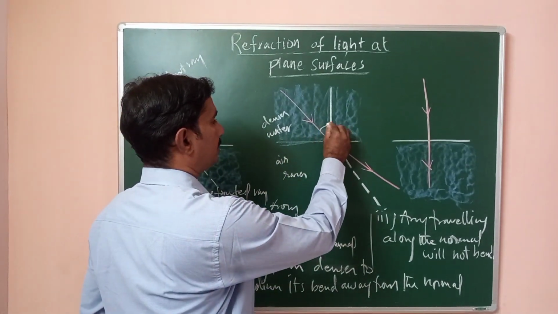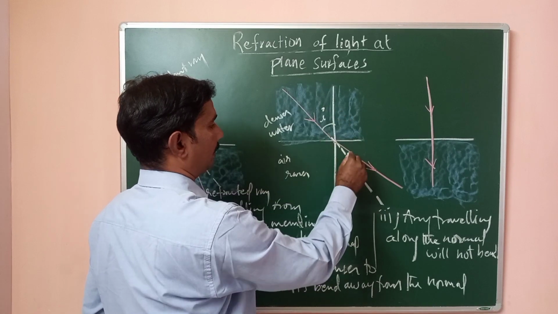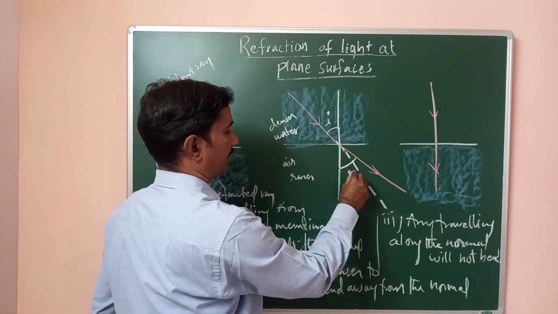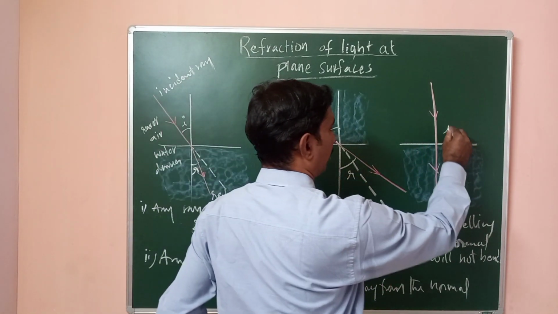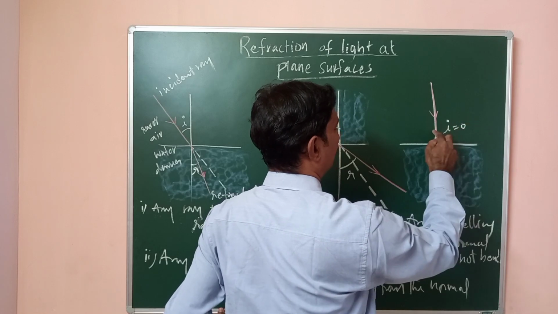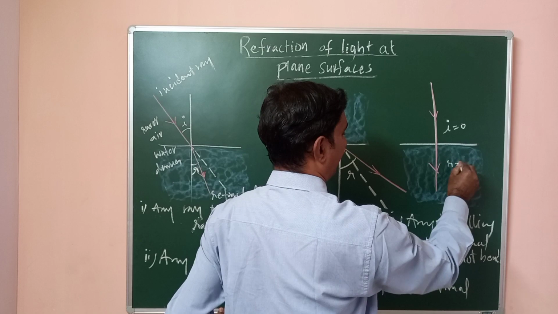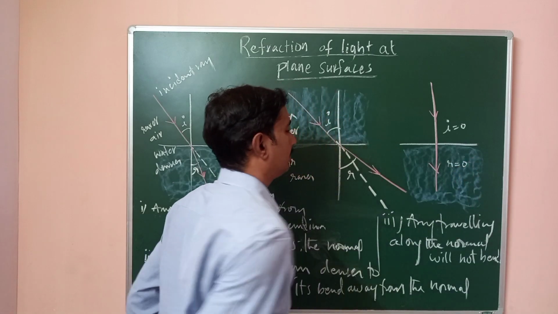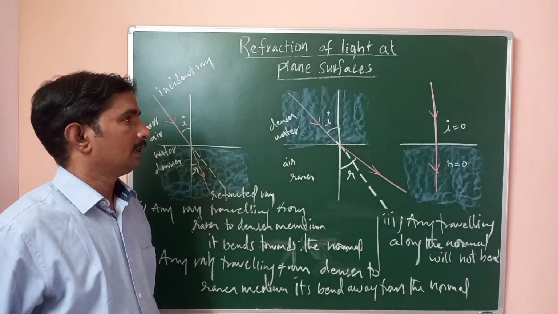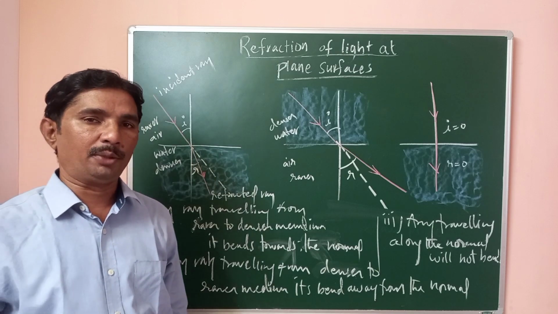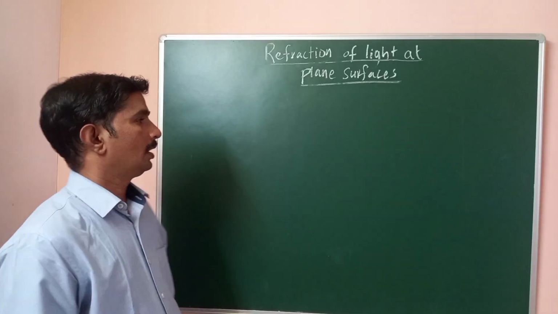Here the angle of incidence is i. Here the angle of refraction is r. Here the angle of incidence is 0. There is no angle between the normal and the incident ray. The angle of refraction here is also 0. These are 3 very important points that we need to understand.